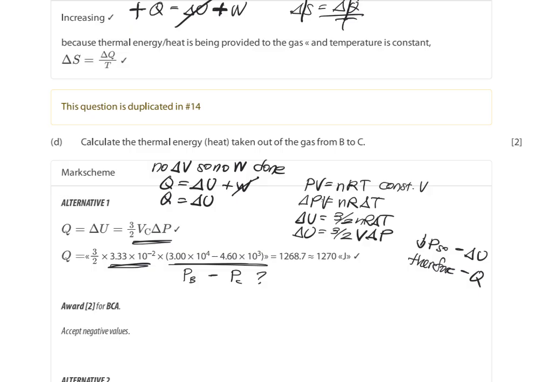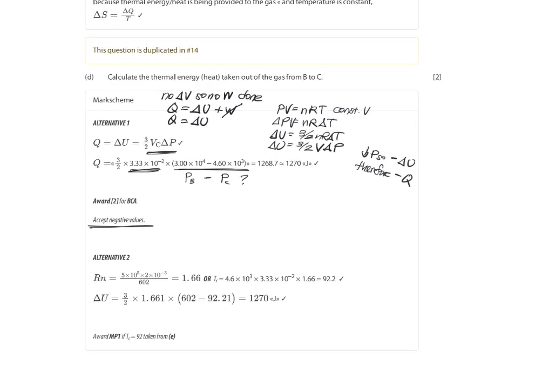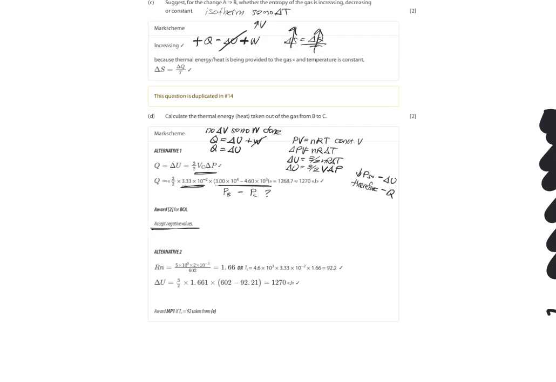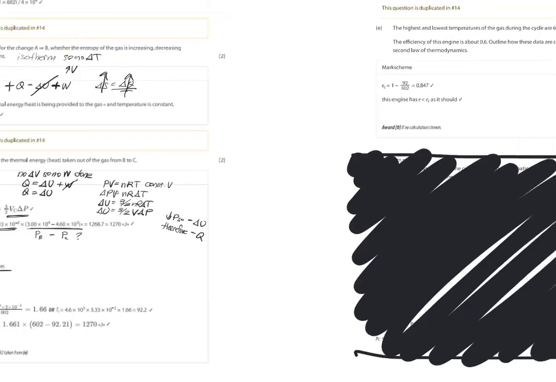It even says to calculate the heat taken out of the gas, not put into the gas. It says accept negative values. Yeah, no duh, it is a negative value, so I don't really know why they did that. I mean, the quantity still comes out right, but that's weird. Okay. So that was D.